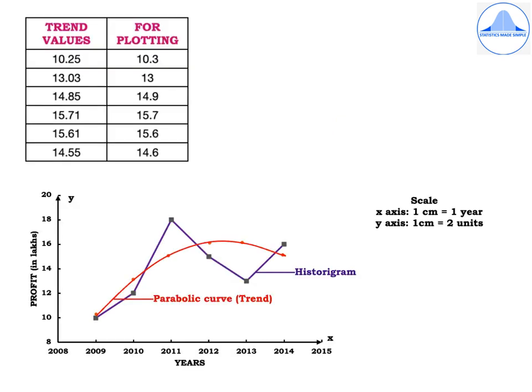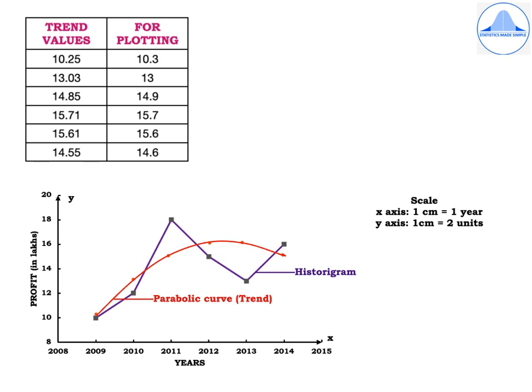In this slide, I explain how to plot the histogram and the parabolic curve of the trend values. The trend values obtained are 10.25, 13.03, 14.85, 15.71, 15.61 and 14.55.